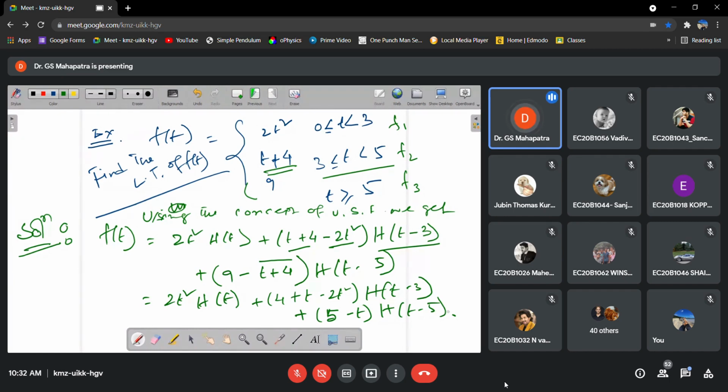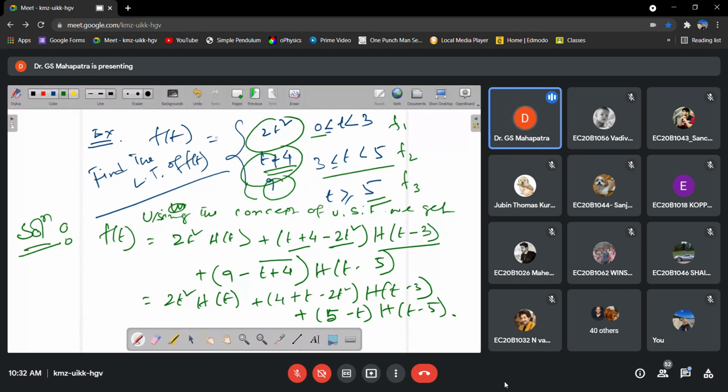If any function is given like that, you can say, sir, we will take the Laplace transform separately and then add, since it is 0 to 5. But it is not like that. The range is discrete: from 0 to 3, 3 to 5, and greater than 5. You can't add. To overcome that difficulty, we have to consider the Heaviside function.